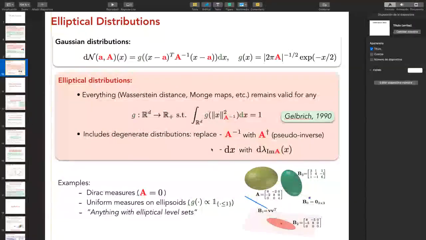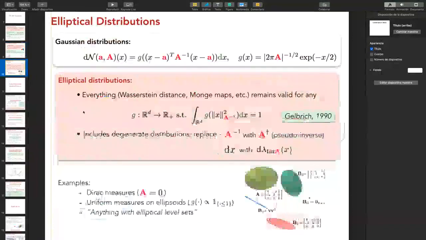Okay, this is an interesting question. I'm not sure what the norm here would look like, but essentially the reason why it works so well in the case of elliptical distributions is that we have those geodesics, right?